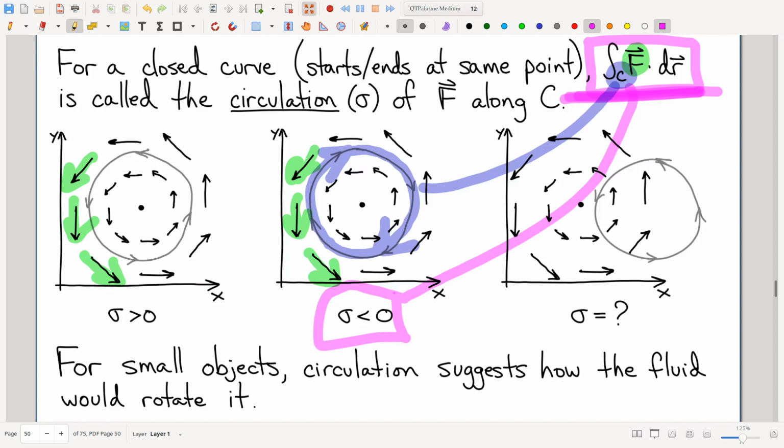To what extent is it circulating clockwise? Because the curve is clockwise. Well, it's not flowing clockwise. It's flowing counterclockwise. Still counterclockwise, but now negative because we're comparing against clockwise. Does that make sense? Everybody happy with that?